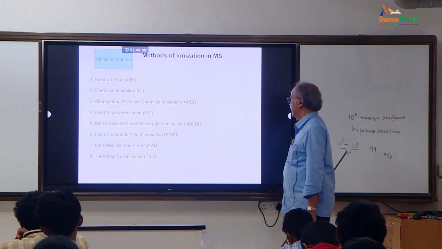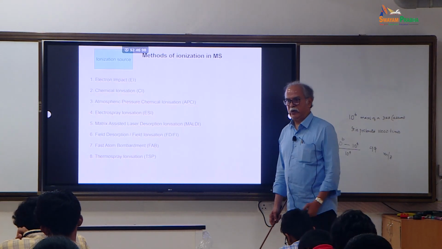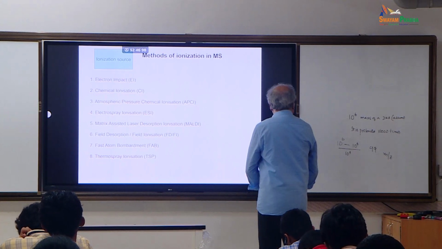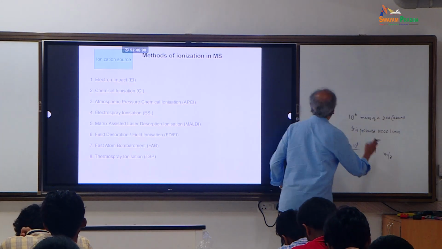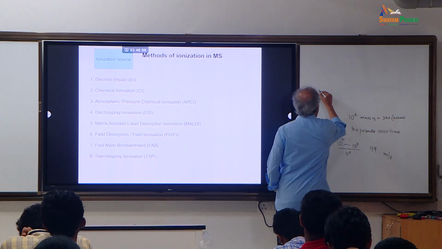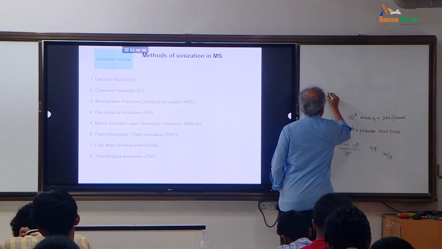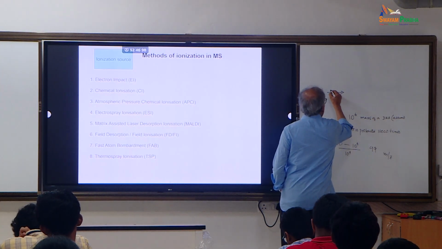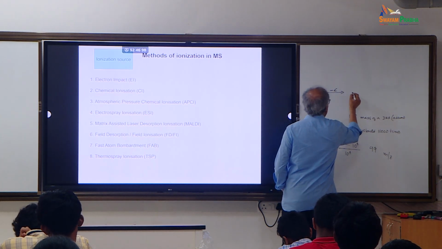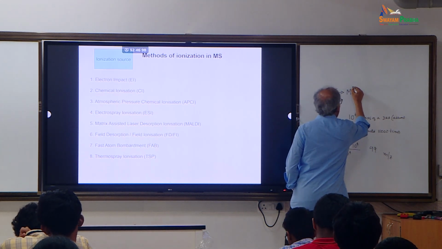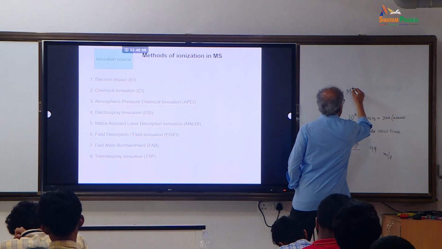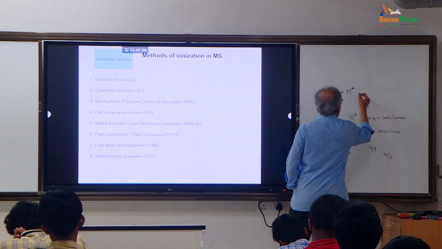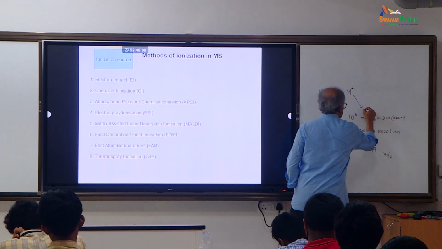Ionization source. How can you ionize a molecule? You just take an electron out of it. Molecular ion. Electron is removed. You produce a cation radical and detect it.